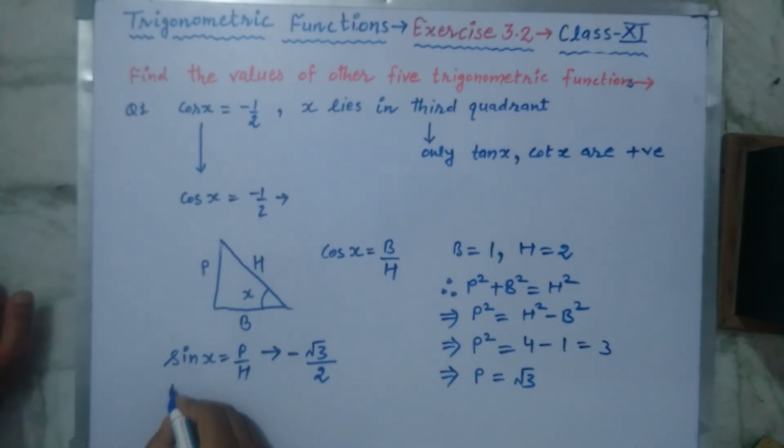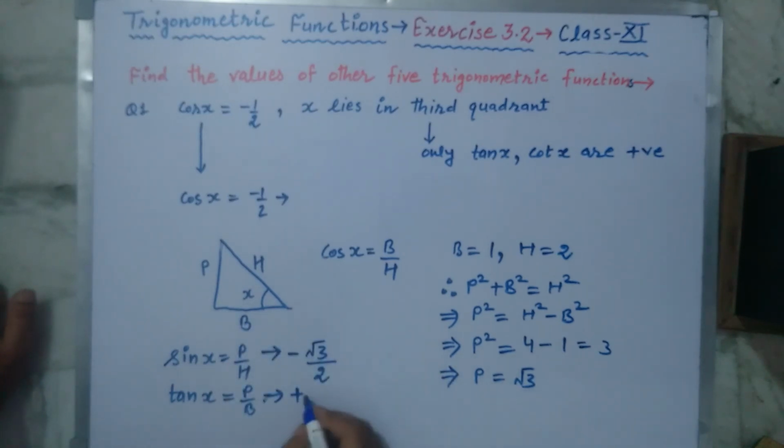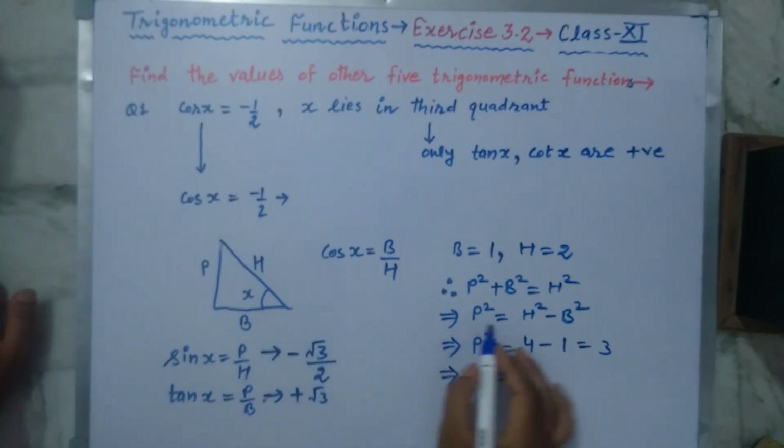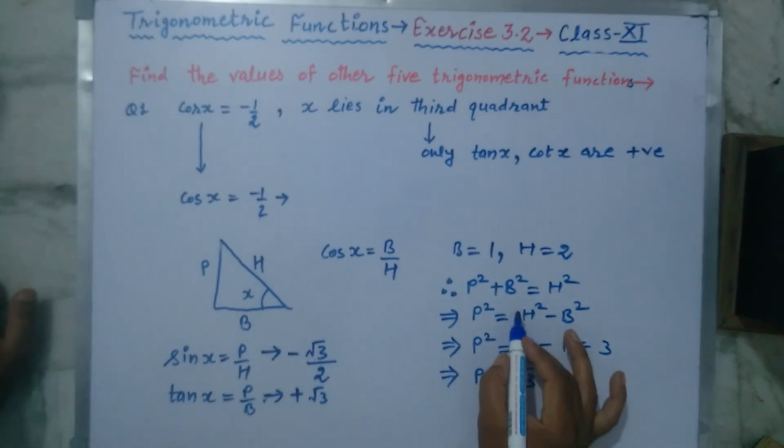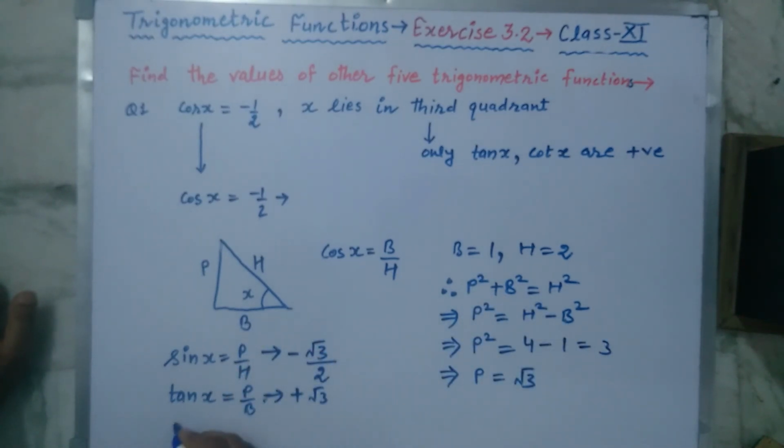Next is tangent of x. Tangent of x will be positive, p upon b, so p is square root of 3, b is equal to 1. Likewise, what is cotangent of x? This is the reciprocal of tangent x, b upon p. So this is again positive, 1 upon square root 3.